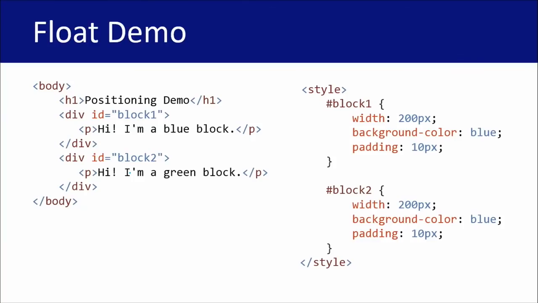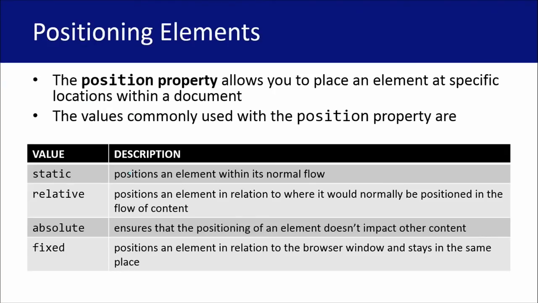All right, moving on. So let's talk about positioning, okay? You can position elements at specific points on a page using the position property. We've got a couple of different ways to do that. You can change the position property to static, relative, absolute, or fixed.